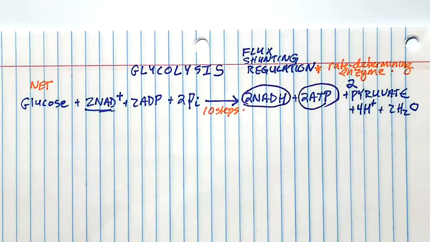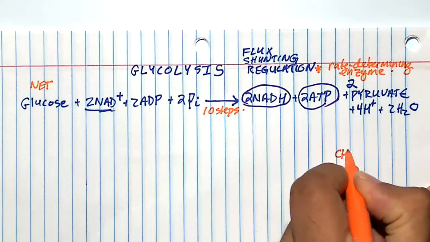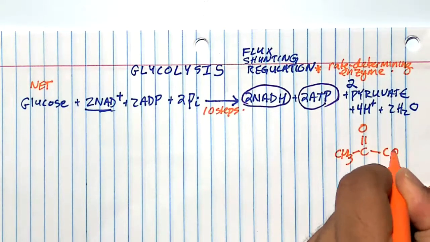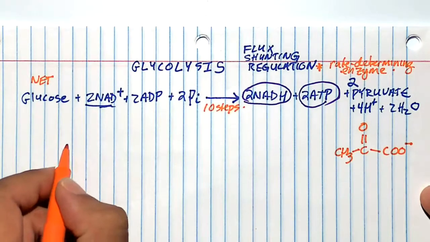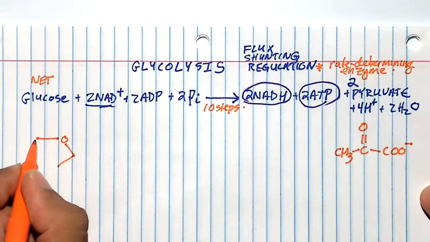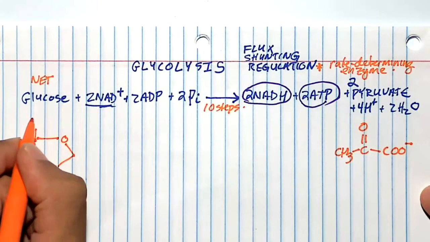So here is glycolysis. Glucose gets converted to 2 molecules of pyruvate. Let me just draw the structure of pyruvate here. Okay, pyruvate is going to look like this. And glucose, we know from our lectures on carbohydrates, is going to look like this. Okay, so it could be the alpha form or beta form.